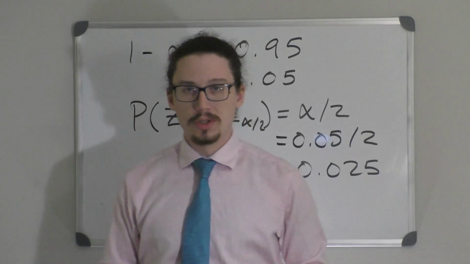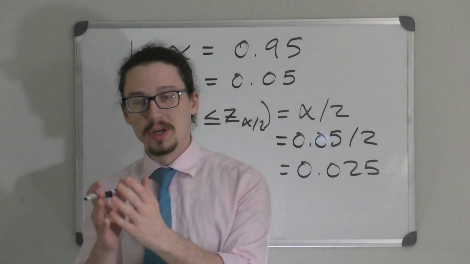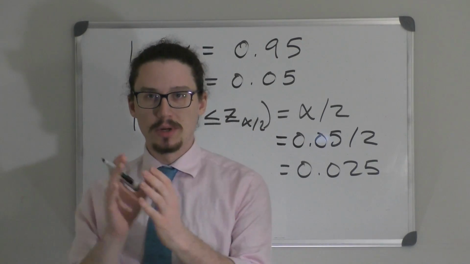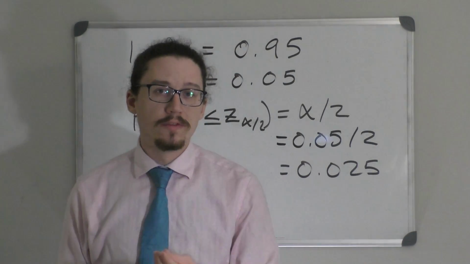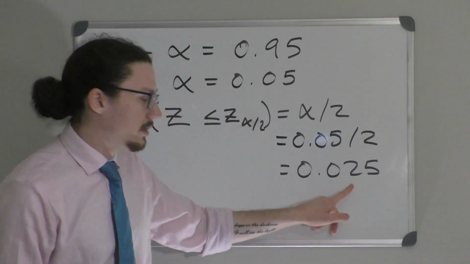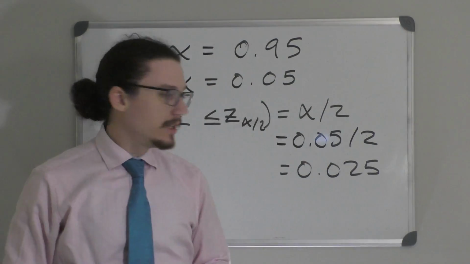0.025. All right, so to do this, we could go to our standard normal distribution chart. We can look around in the probability, so in the middle part, not around the edges, where the probabilities are. We'll look around in there until we find the probability 0.0250.